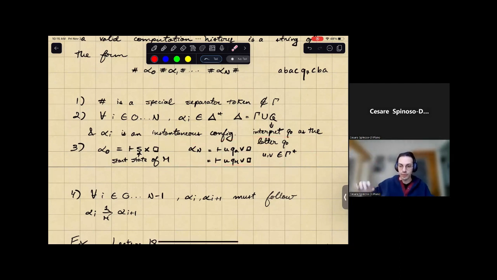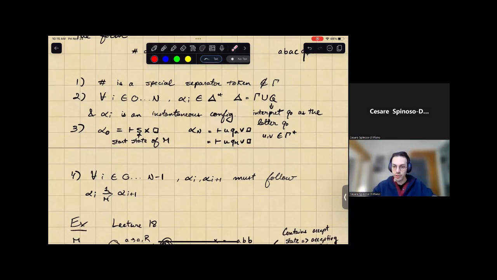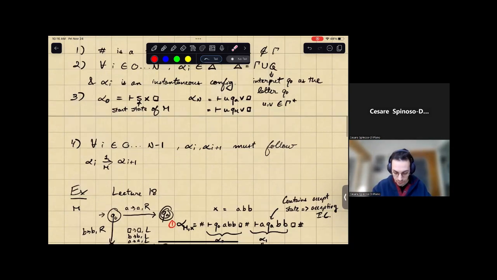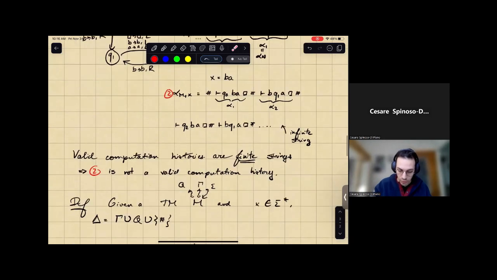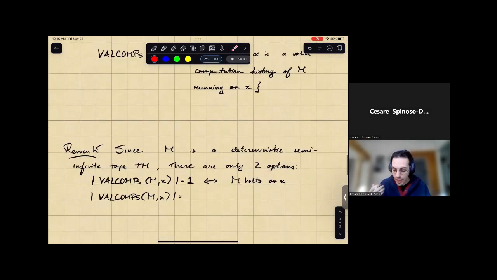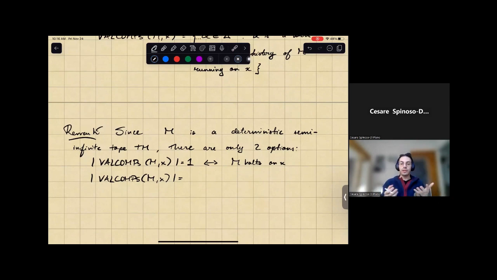You never get to an alpha n, right? And so you can never meet the necessary and sufficient conditions of the valcomps set, meaning that you never add a string into valcomps, and so it remains empty. Okay. And so that tells me that M loops on X if and only if the size of valcomps is 0, or in other words, valcomps is empty.